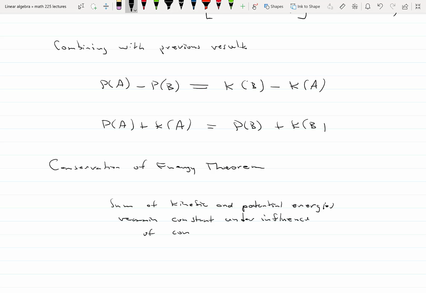Of conservative forces. I'll be more specific. Of a conservative force. If your force is conservative, you will have conservation of energy.